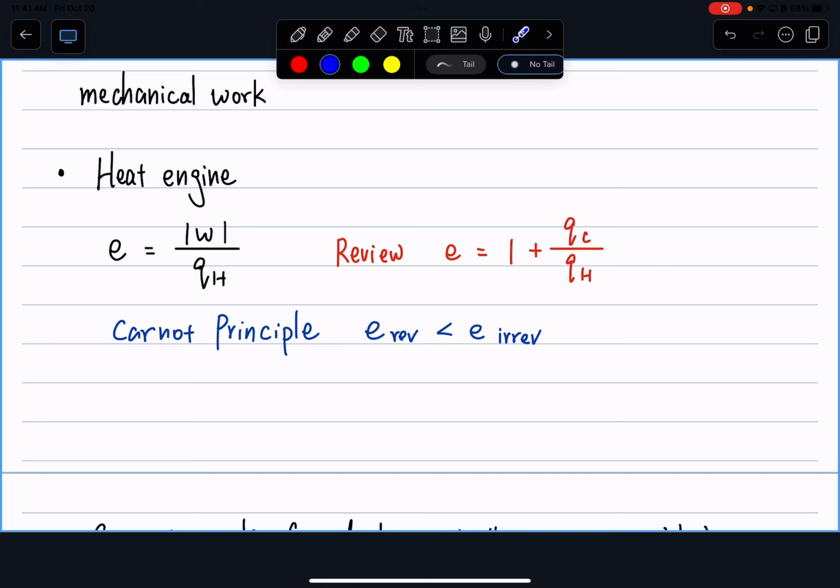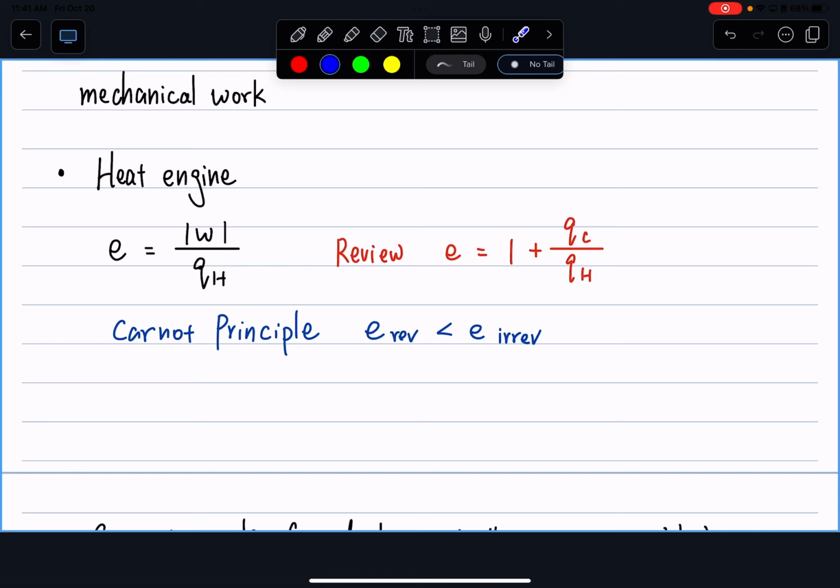Now, one of the questions your discussion worksheet has, which is a little bit interesting, also from your textbook, is: if you have a random heat engine, which one of these heats will you change to make it more efficient? That sounds like an unapproachable problem. You're like, I don't know what that is. But if you think about it, when we're talking about these heat transfers, you can also link it to the temperature of your cold and hot reservoirs.